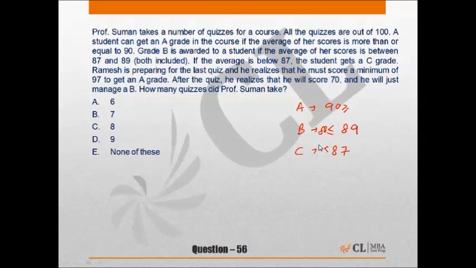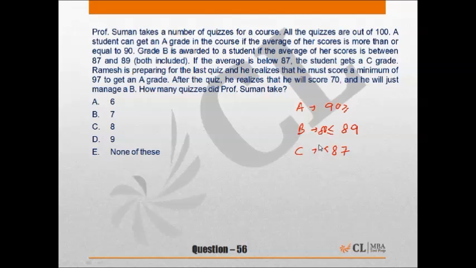Ramesh is preparing for the last quiz and he realizes that he must score a minimum of 97 to get an A grade. After the quiz, he realizes that he'll score 70 and he'll just manage B.